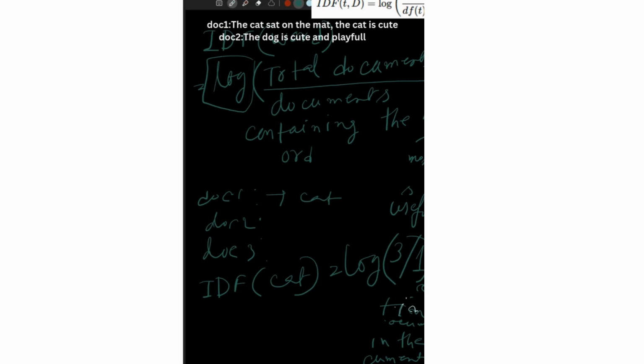Here 3 means the total number of documents, so this is n, the total number of documents, and the term appears once. So log of 3 divided by 1, this is the IDF value.